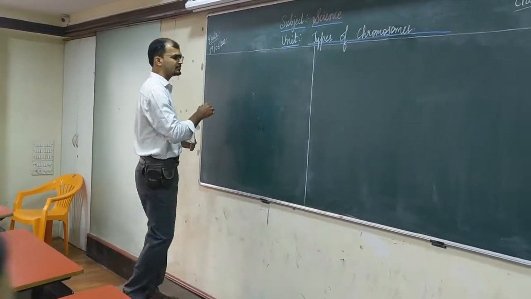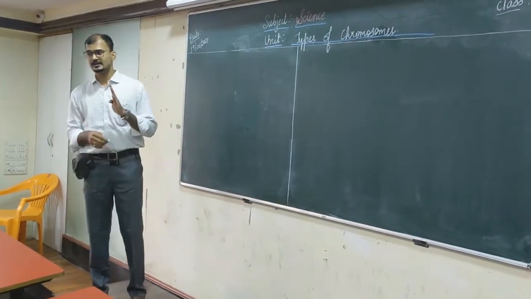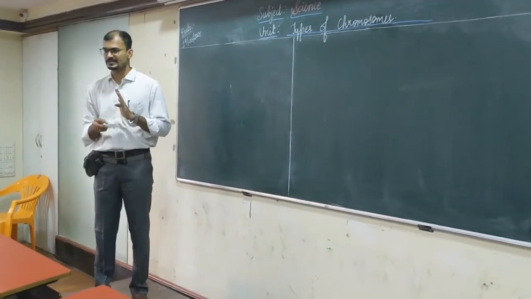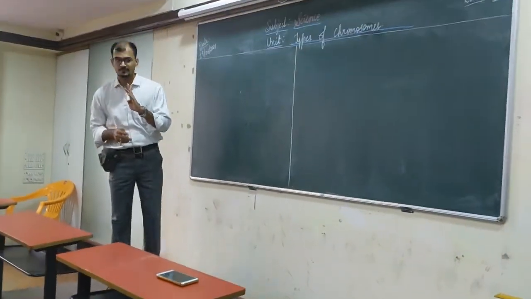Now, we are going to learn that there are 4 different types of chromosomes. There are how many types of chromosomes? 4 types. Good.